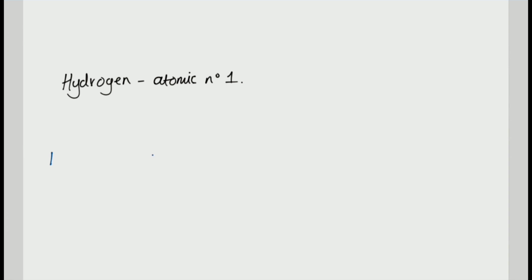It's got symbol H. Now it's got one energy level and it's got one electron in that energy level, and its electronic configuration is 1. Now there'll be other hydrogen atoms with the same electronic configuration. They will only have one electron in their energy level.